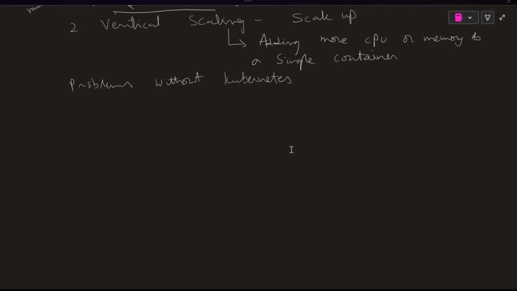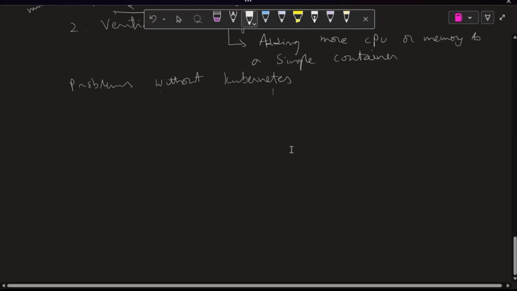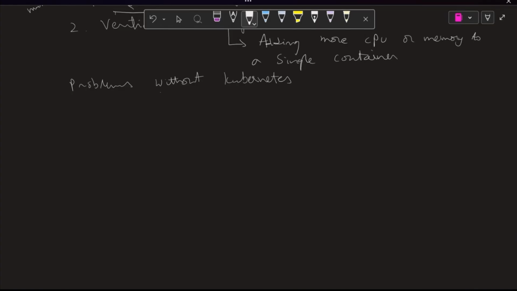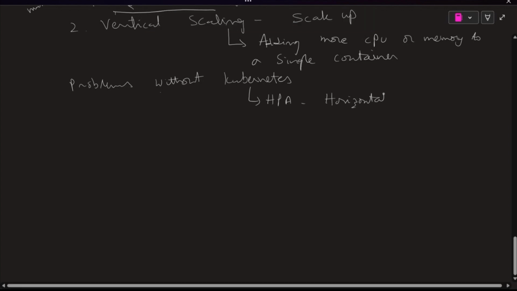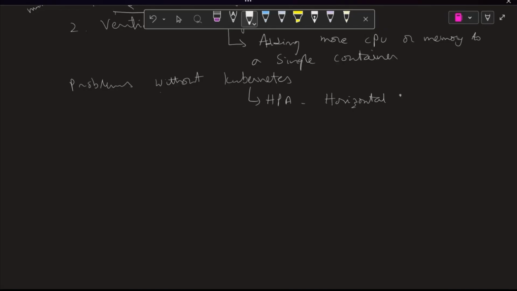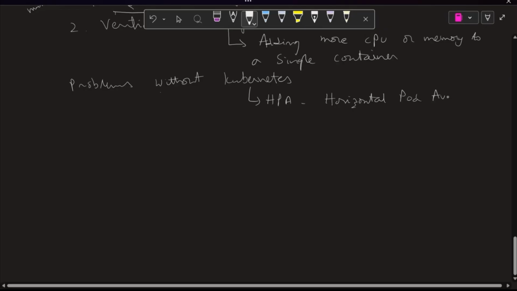But how does Kubernetes handle it? There is a component called HPA in Kubernetes. HPA, what is it? Horizontal pod autoscaler.